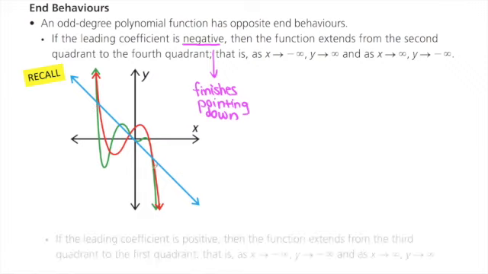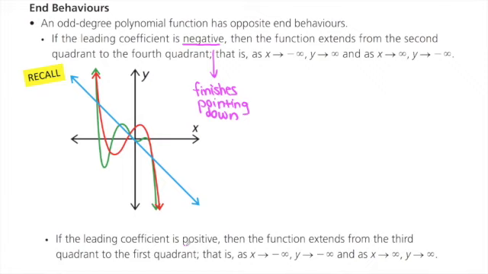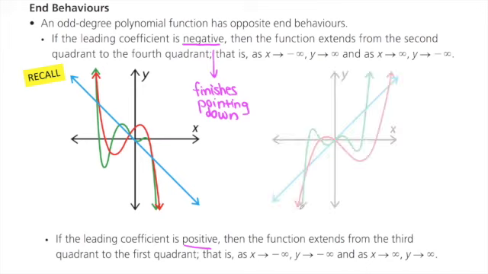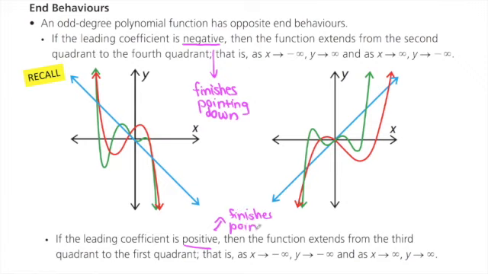If the leading coefficient is positive, and you were talking about an odd degree polynomial, remember we have opposite end behaviors, but that means we finish pointing up to the right. So you know you're going to start pointing down. Again, regardless, they give you a couple of examples of different functions that could be drawn there.